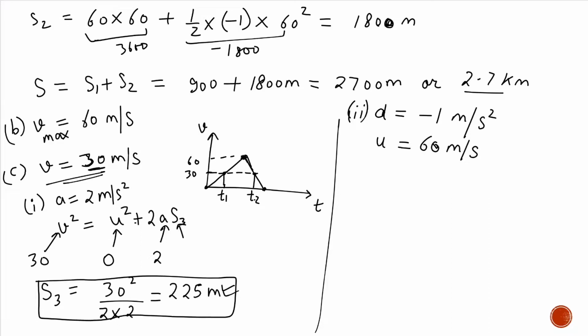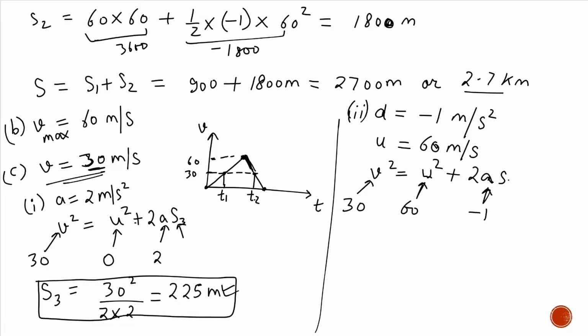So again putting the formula, v square is equal to u square plus 2as, v would be 30 meter per second, u would be 60, and acceleration would be -1.